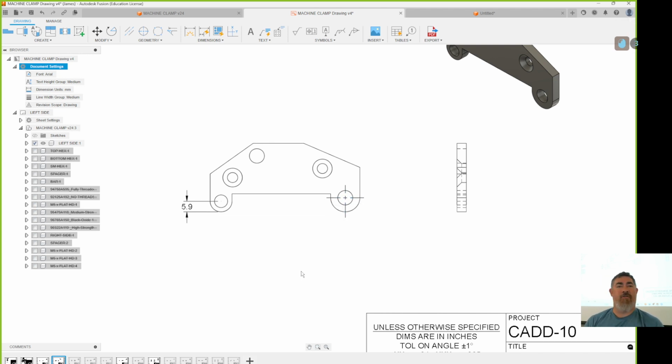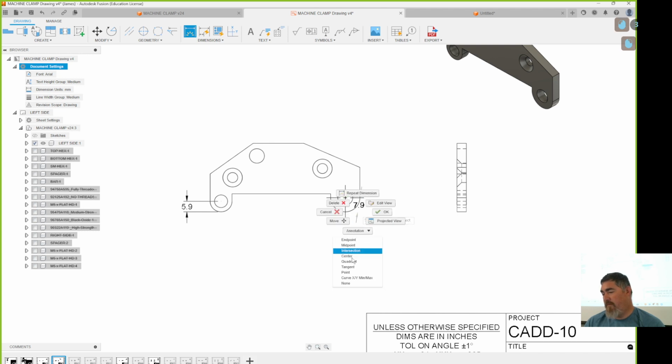That just tied those two circles together. Now they're concentric. Now because they're sharing that center mark going all the way through, that's saying that those two are concentric. So do I need that dimension now? If I have that, or if I have that, do I need that dimension?